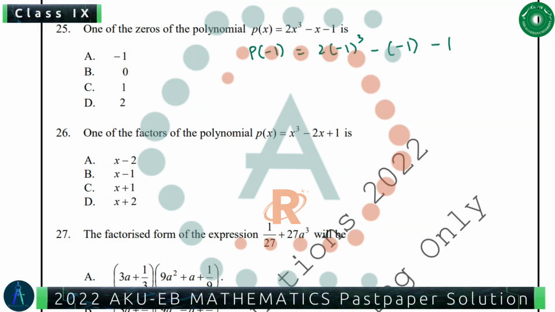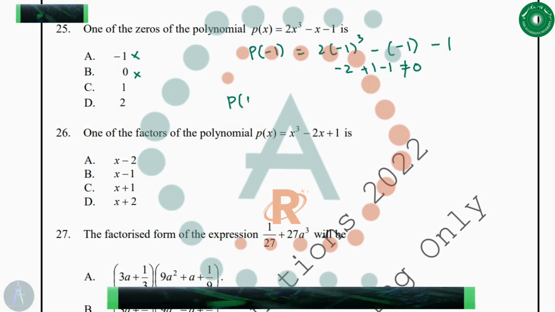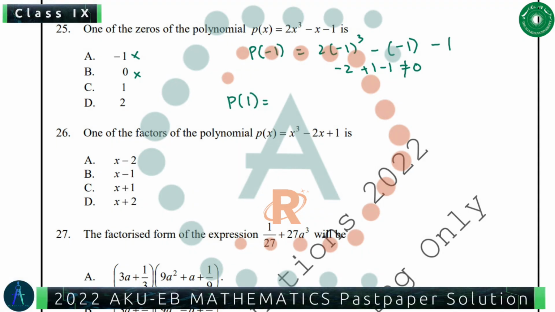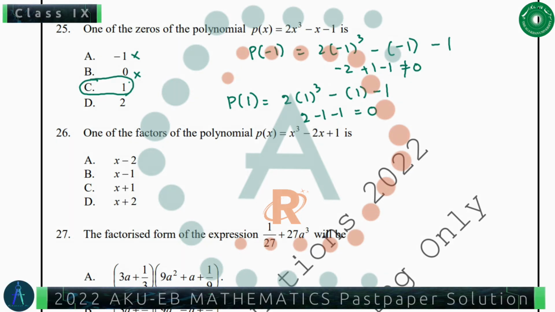So we will get (minus 1) cube is minus 1, so minus 2 plus 1 minus 1, that is not equal to 0. So minus 1 and 0 both are incorrect. Next, in p(x) we put 1 in place of x. So we get 2 into 1 cube minus 1 minus 1. So 2 minus 2 will become 0. So option C is one of the zeros of this polynomial.